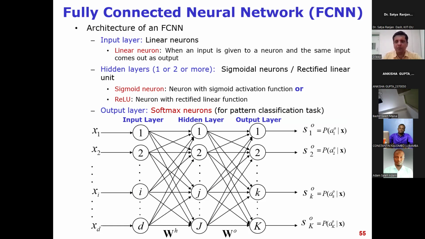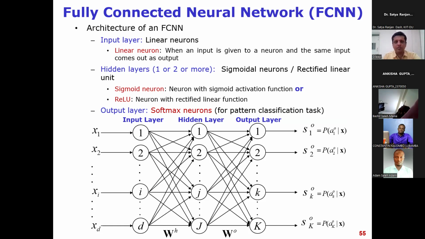In between, we have one or two hidden layers, or more. Each layer has some fixed number of neurons. Remember, when I say neuron, this is simply the same single neuron which I discussed earlier. Now instead of a single neuron, we have multiple neurons.